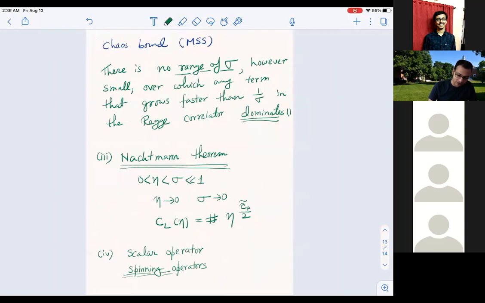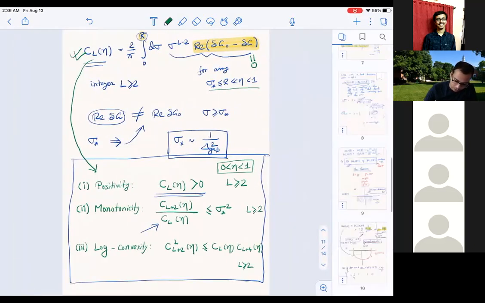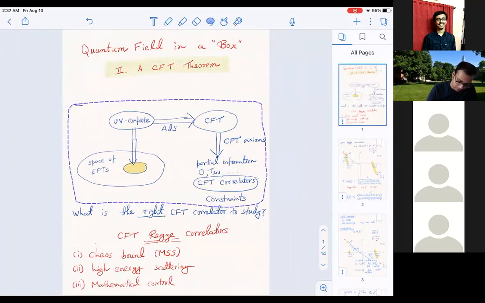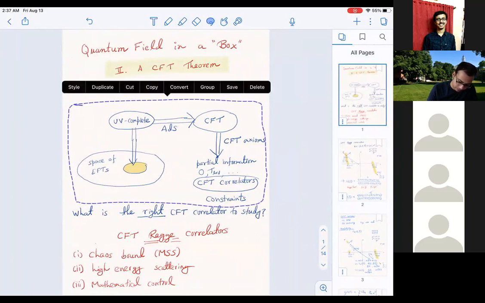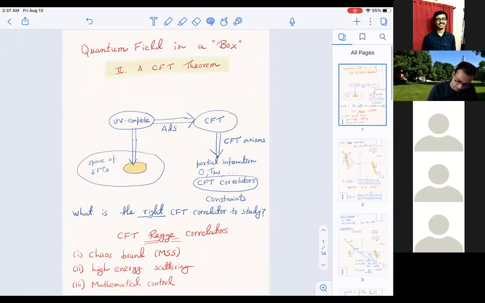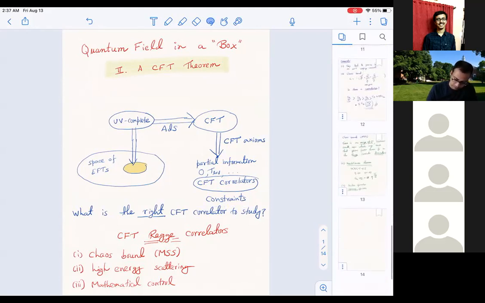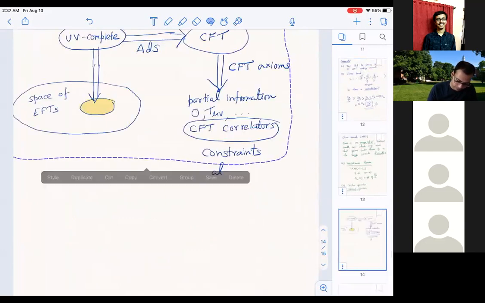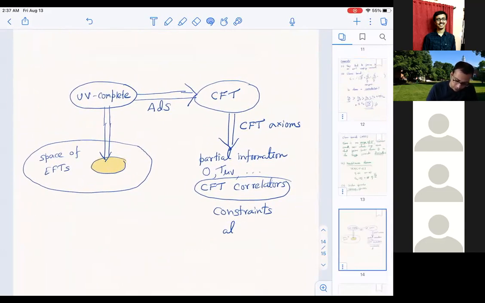Let me just tell you what I'm going to do in the next lecture. So the goal of the next lecture is that now we have all these consistency conditions.